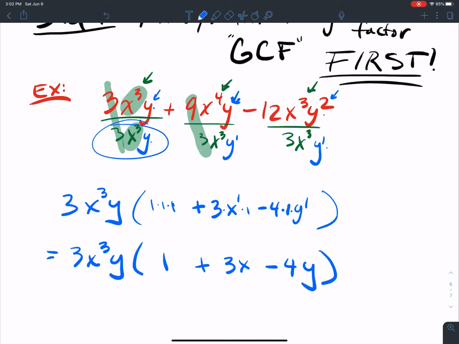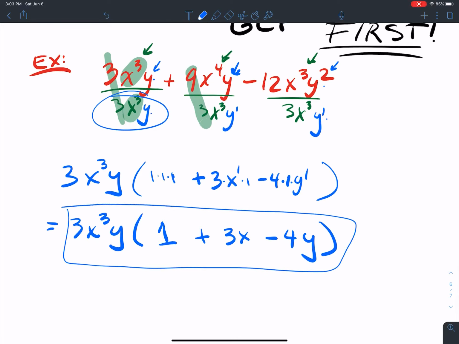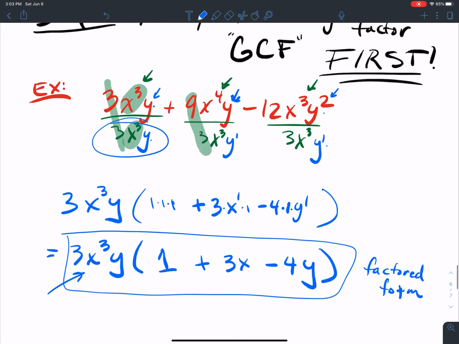We can drop those 1s unless that's all that's left and it's holding that place for you. Okay? So this is the GCF, and that is the factored form for that right there. Okay?